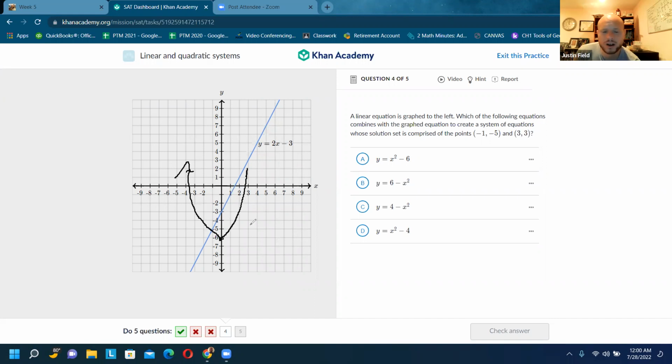So -1, -5 is possible. Oh, yeah, that's true. And 3, 3. No, that would make it not symmetrical. I don't think that would work. This one would go upside down. And I think that we want to pick the graph that goes right side up.